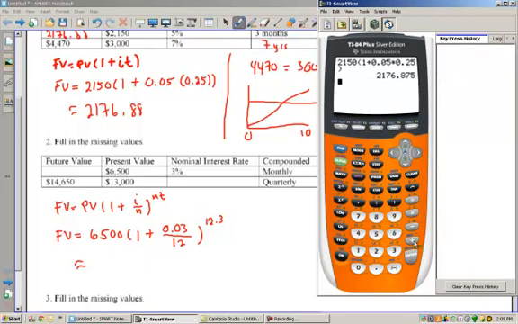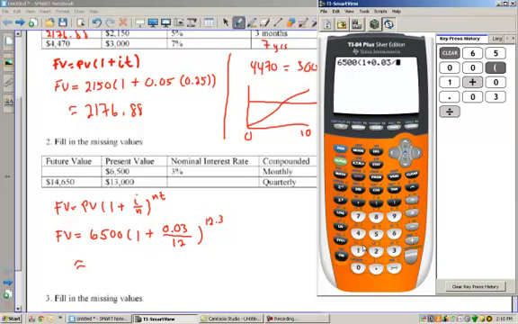All right, so I start off with 6,500, left parenthesis, 1 plus 0.03 divided by 12, in parenthesis, raised to, and so I could just write 36 here because 12 times 3 is 36, but if I want to write 12 times 3, I have to put left parenthesis, 12 times 3, right parenthesis, enter.